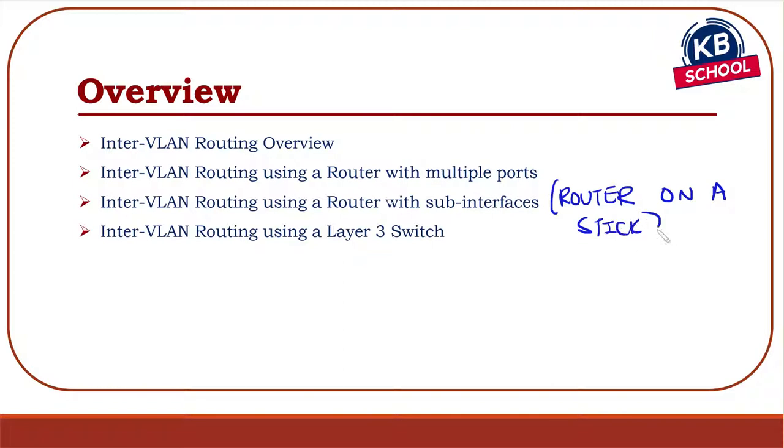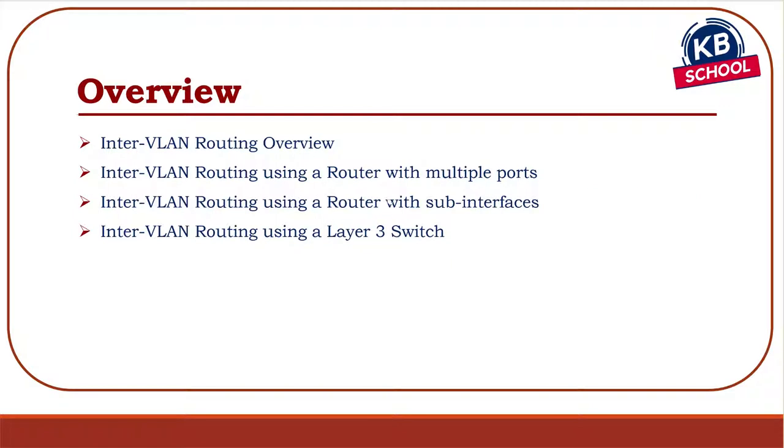This type of configuration. We'll take a look at that. And we'll also take a look at how a switch also now comes with the layer 3 functionality, where it actually can act as a fully functional router. We'll take a look at how to do inter-VLAN routing by using an inbuilt router inside a switch to provide the layer 3 functionality. So let's get started with that.